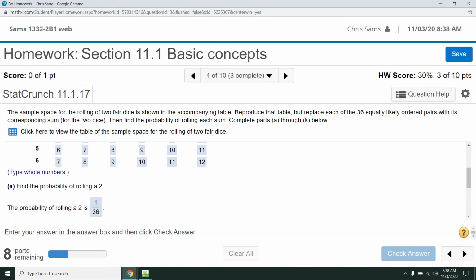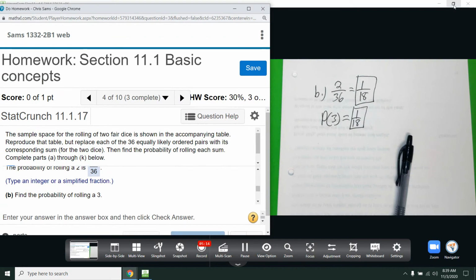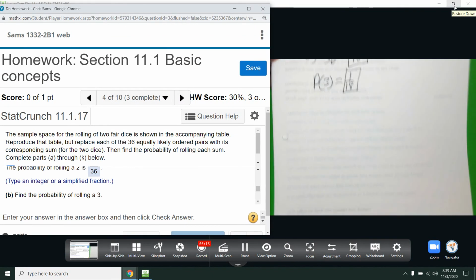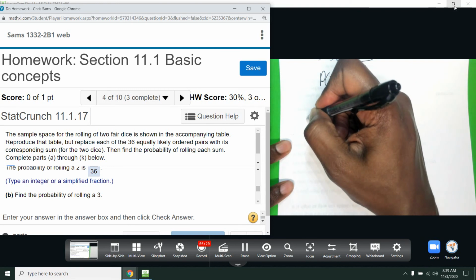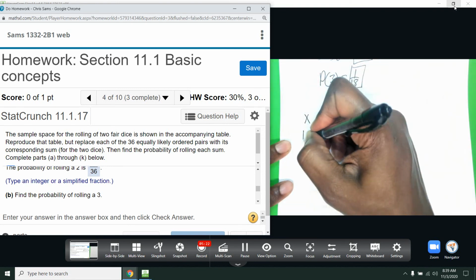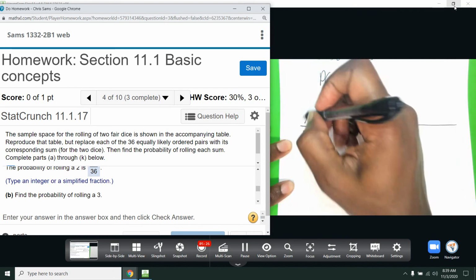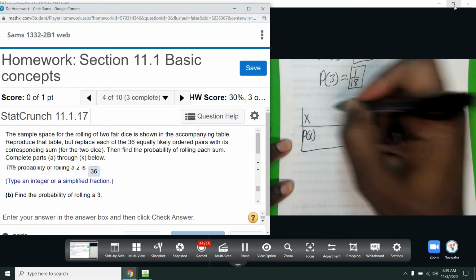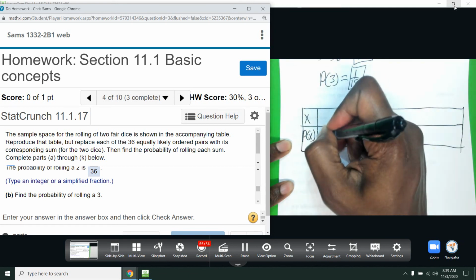We're going to look at the probability of all these numbers. Let me go ahead and make a table because we have A through K. I normally make a table, and we'll be able to fill this in pretty quick. X is the number that we're looking for. Probability of X is the probability of that number. This is what we call a probability distribution if you go a little further into probability.